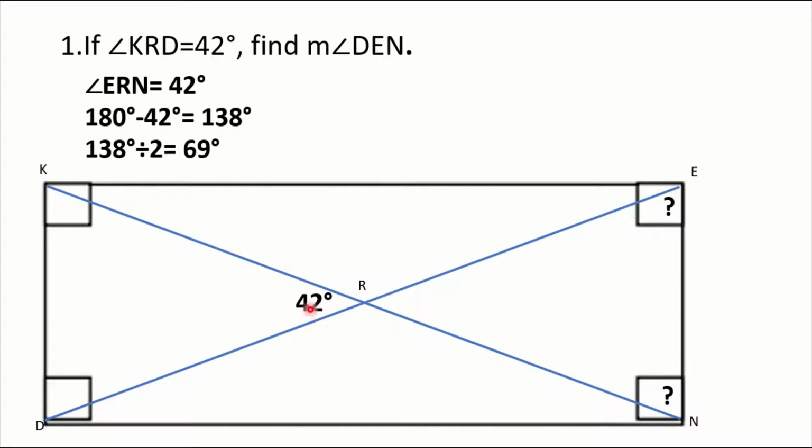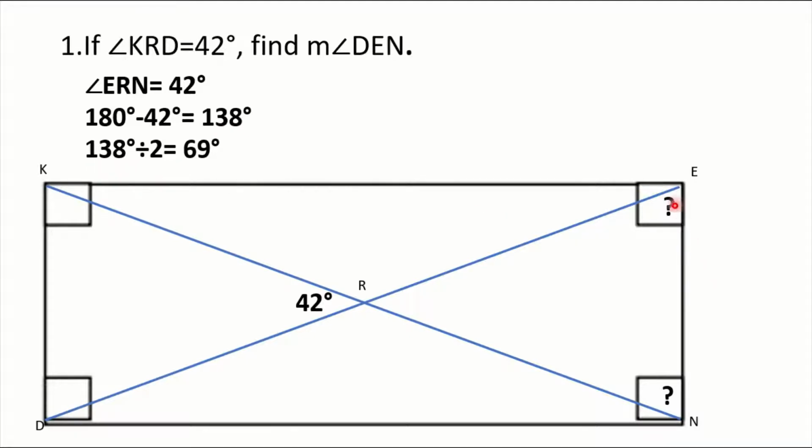Ganon din po dito. If this is 42, this one is also 42. Kaya, ang gagawin natin, isusubtract natin yung 42 sa 180. Okay, bakit? Kasi nabawasan na tayo ng 42 dito sa mabubuo nating triangle, yung 180 degrees. So, 180 minus 42 is 138. So, you have to divide 138 by 2. Okay, bakit dalawa?